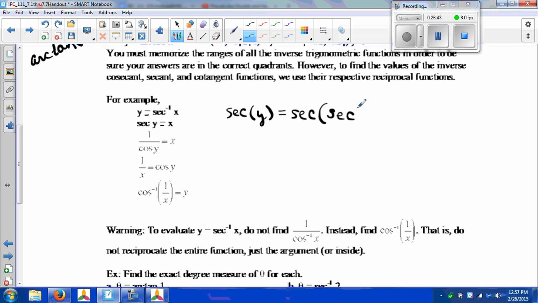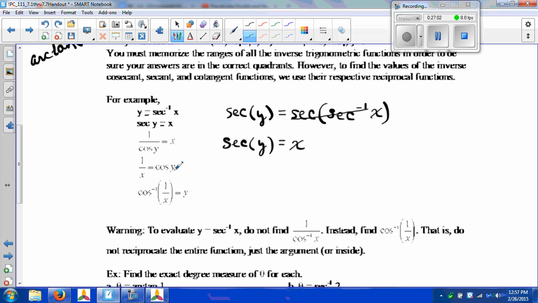And since these are inverses, by definition of inverses, you just get x. And on this side, there was nothing to do with it, so I just do that. Okay, now, what is the secant of y? Well, it's 1 over the cosine of y.